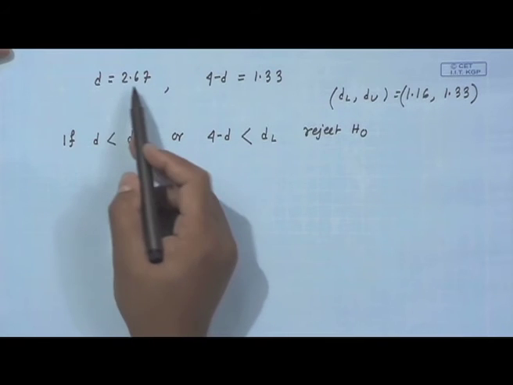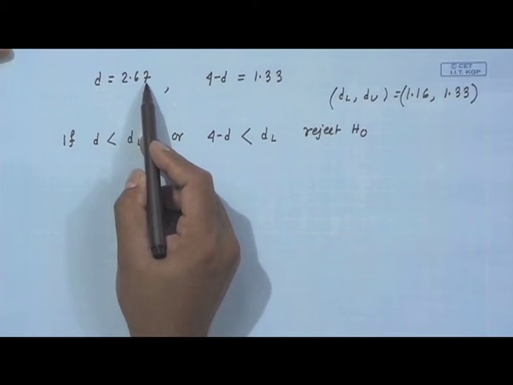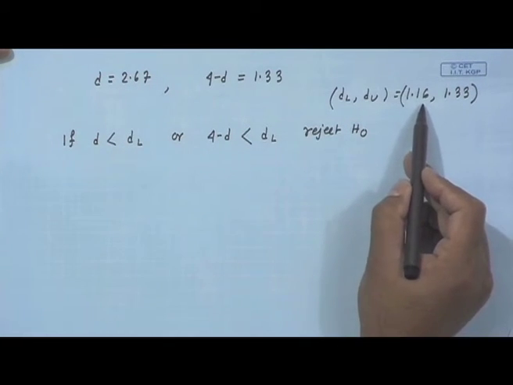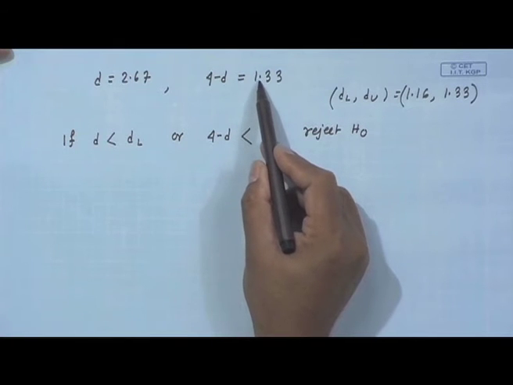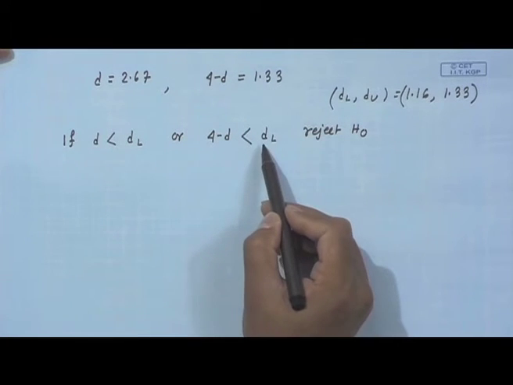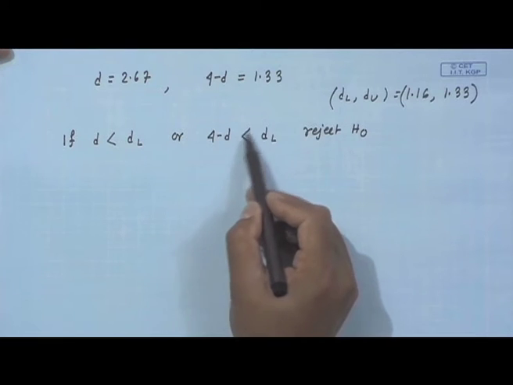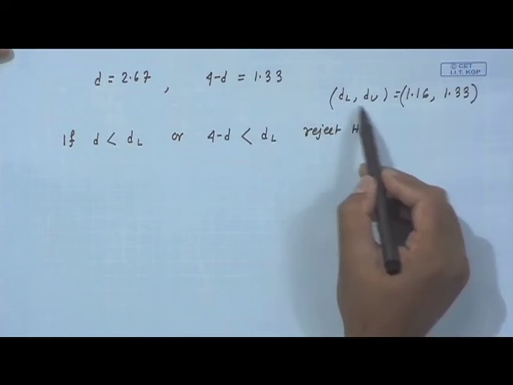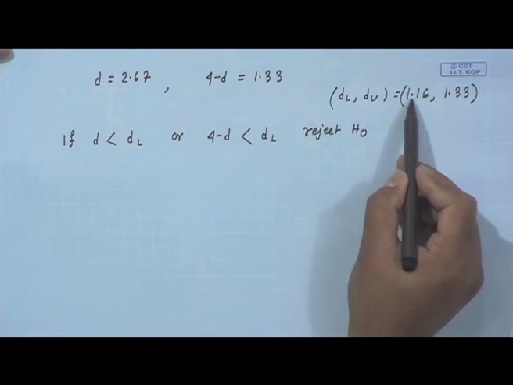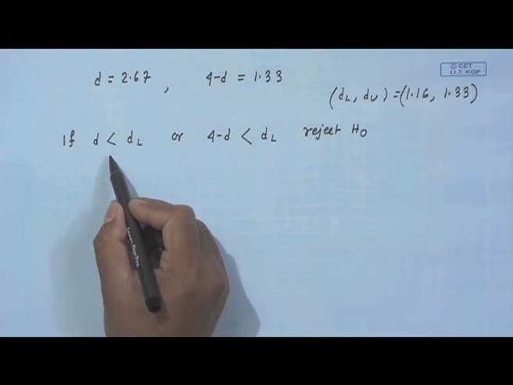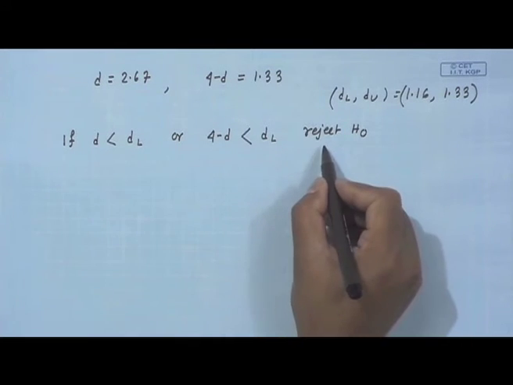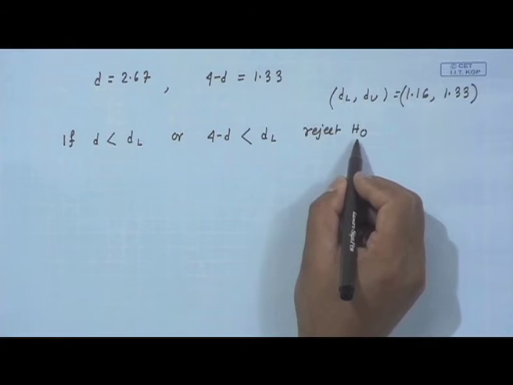D is 2.67, which is not less than dl, and similarly 4 minus d, which is equal to 1.33, is again not less than the dl value, which is 1.16. So, here d value is large. So, we reject H naught.